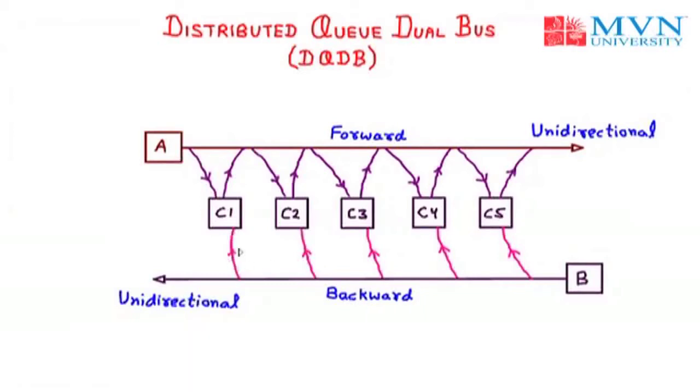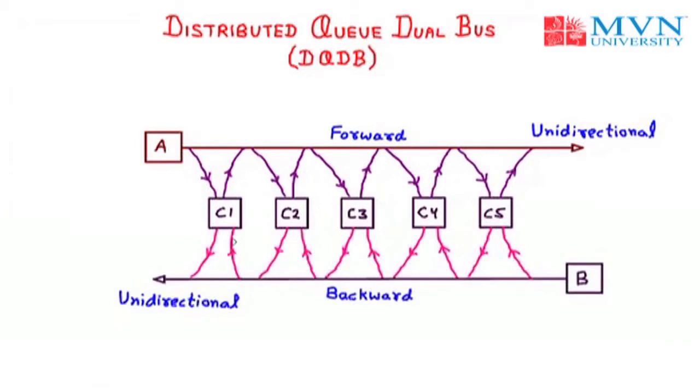Now if C5 wants to communicate via bus B, it sends the data to bus B, and likewise from C4 to bus B and C3 to bus B, similarly for C2 and C1. So we can see that for the backward direction we are using bus B and for the forward direction we are using bus A.